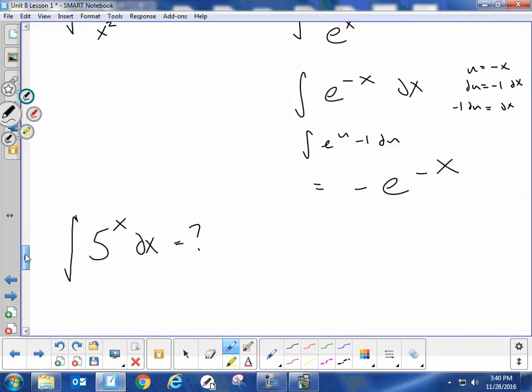We'll get the antiderivative of 5 to the x. Anybody remember what the derivative of 5 to the x was? Or 4 to the x, or 6 to the x, or 8 to the x, or pi to the x? What was the derivative of a number to the x power?